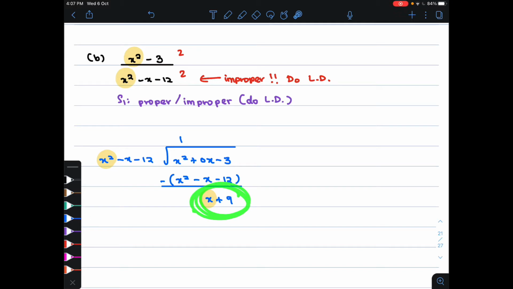The highest power in the remainder is less than the highest power in the divisor, so we'll stop long division here.